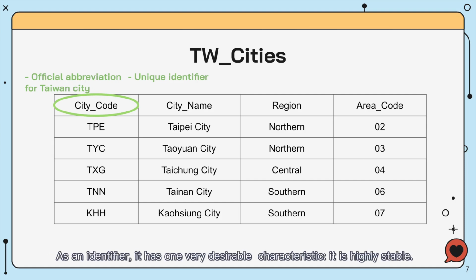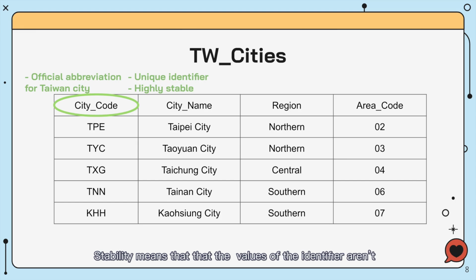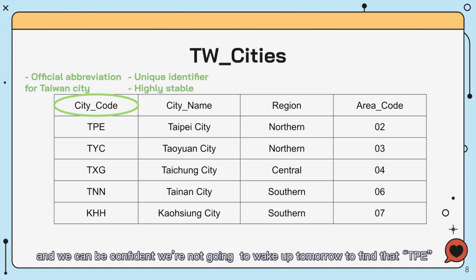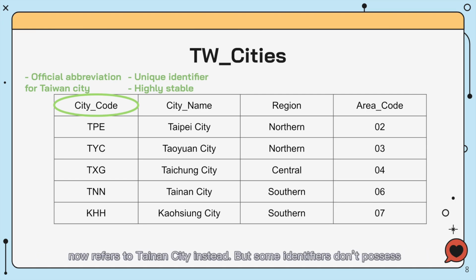As an identifier, it has one very desirable characteristic: it is highly stable. Stability means that the values of the identifier aren't likely to change their meanings. TPE refers to Taipei City, and we can be confident we are not going to wake up tomorrow to find that TPE now refers to Tainan City instead.